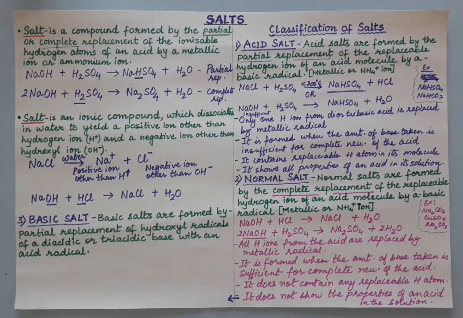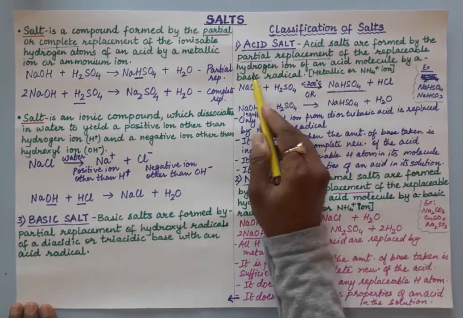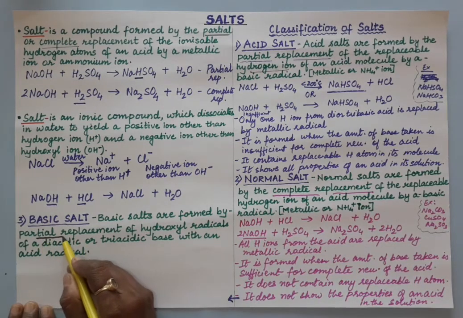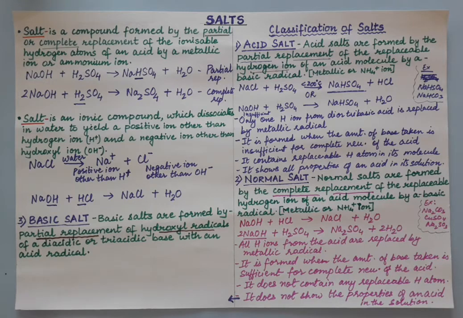Now the third type of salt is basic salt. Basic salts are formed by partial replacement of hydroxyl ions. Like acid salt is partial replacement of hydrogen ion, here it is partial replacement of hydroxyl ions, or radicals, of a diacidic or triacidic base with an acid radical.